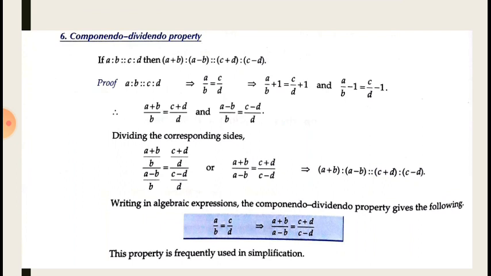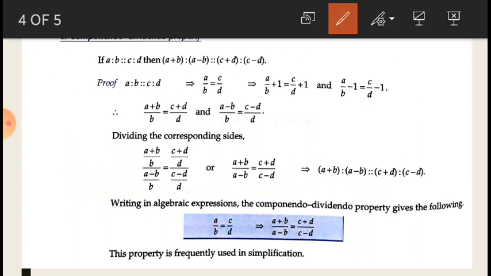Another thing is the componendo and dividendo property. I previously said that sometimes you need to use the componendo and dividendo properties together. Here, a is to b is proportional to c is to d, then a plus b is to a minus b is proportional to c plus d is to c minus d. Our consideration is a is to b proportional to c is to d. That means we will write a by b equal to c by d.